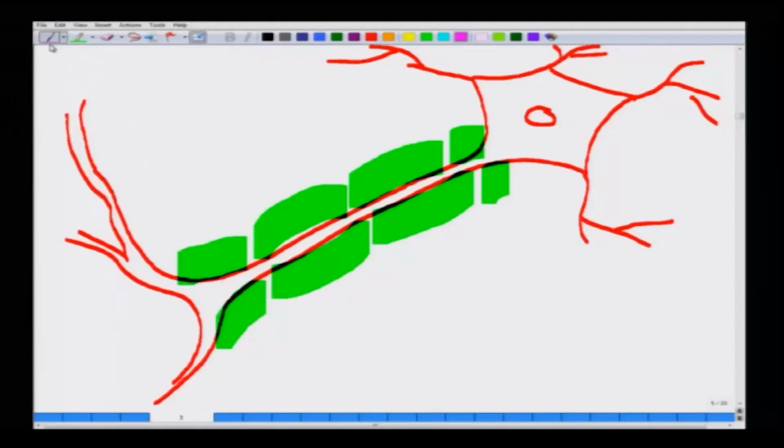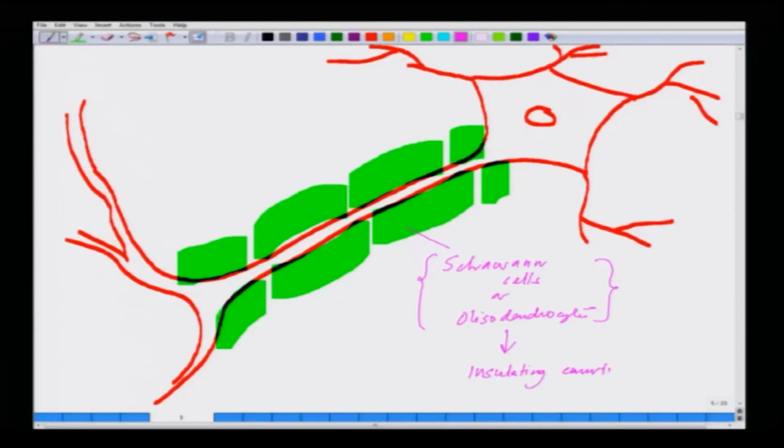So, they could be Schwann cells or even oligodendrocytes. They ensure insulating covering of the axon.